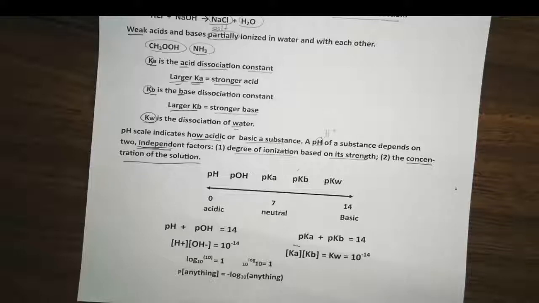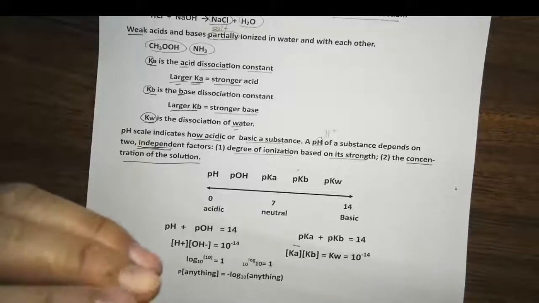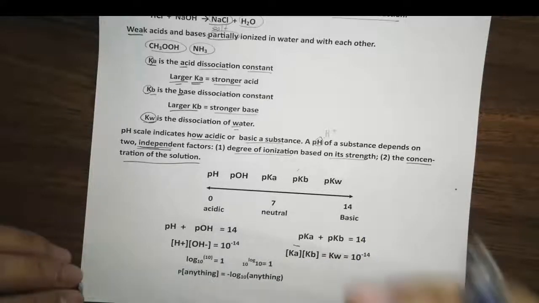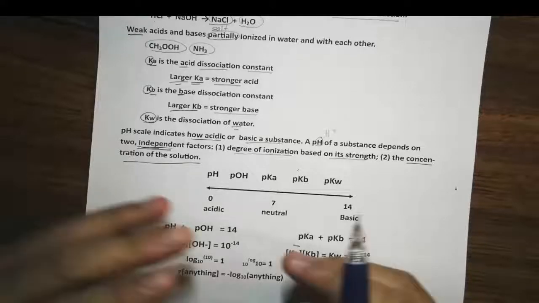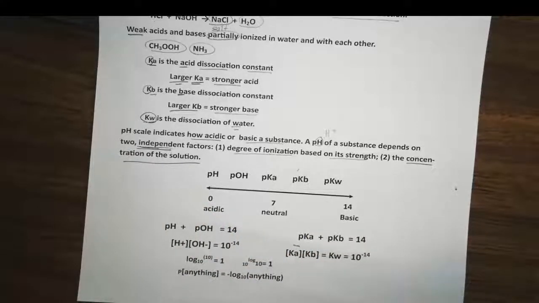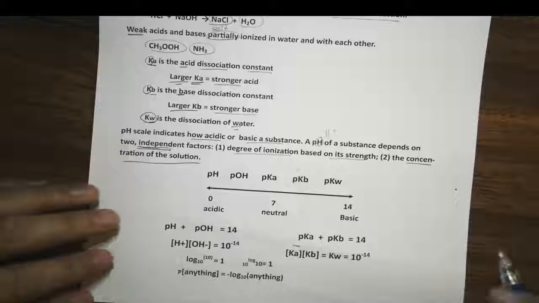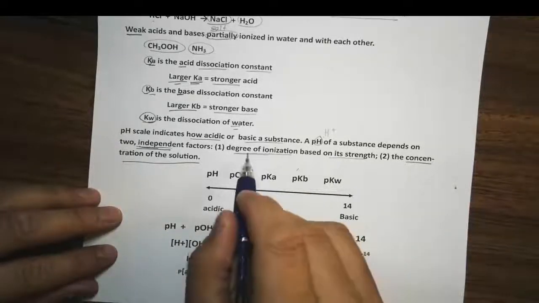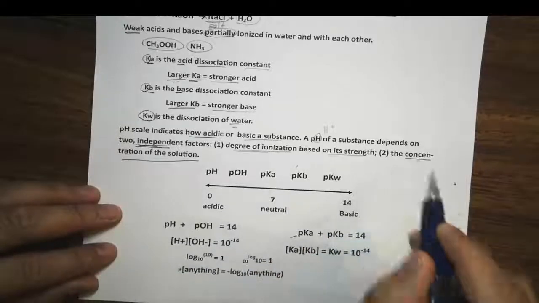But if you have a weak acid and you put it in a small amount of water, that weak acid is still corrosive, or even more corrosive than a strong acid in a large container of water. See the difference? So it depends on two independent factors: the strength, or degree of ionization, and the concentration of the solution.